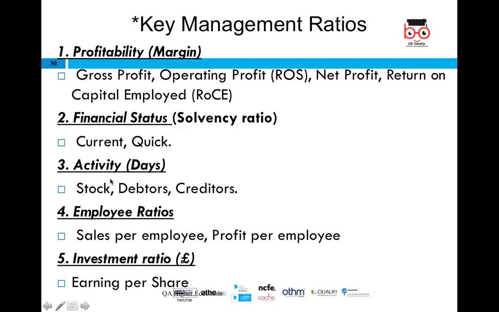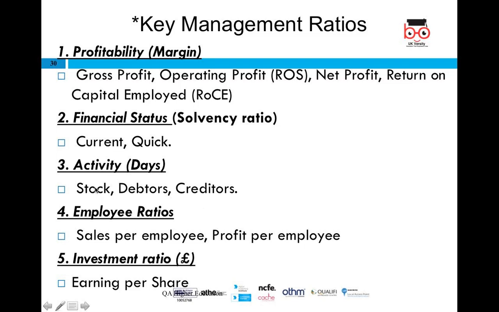Activity ratios measure the rate at which the company is turning over its assets and liabilities. The company wants to see its inventory days or stock days, and also the debtors and creditors.